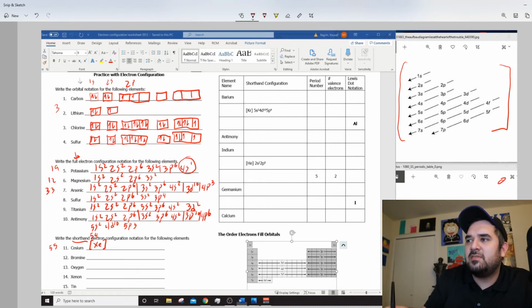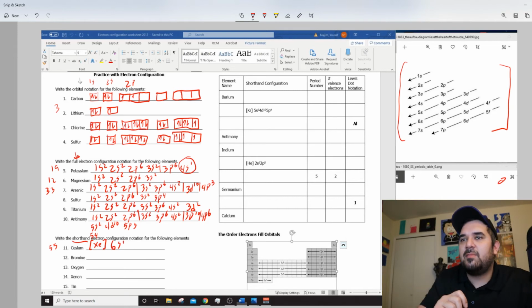Let me label these again: that's our 1s, 2s, 3s, 4s, 5s, and then 6s. That's where cesium is. So after xenon, we have 6s1. That's going to be our shorthand notation for cesium. Next one we have is bromine.